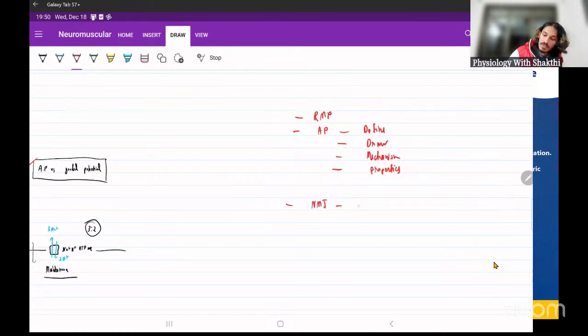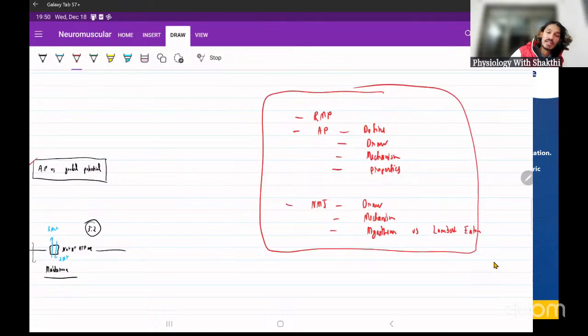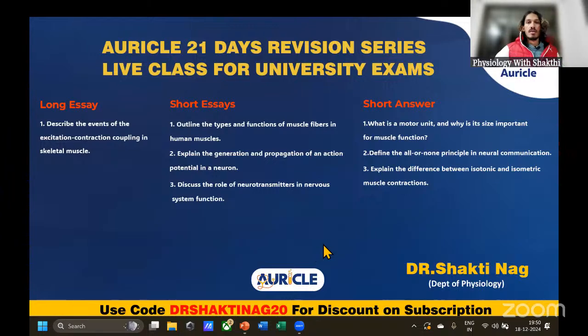And in neuromuscular junction, you have to again draw the mechanism of transmission, then myasthenia versus Lambert-Eaton. So these are all the questions that you need to at least study and go for your exam for your neuron. Okay, now chapters.